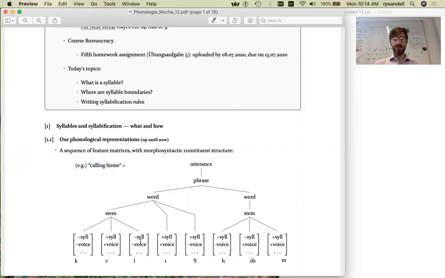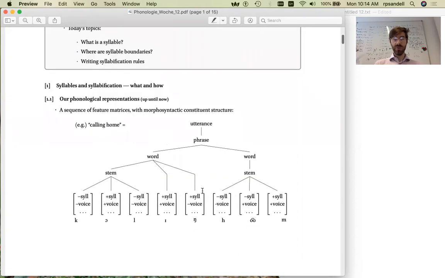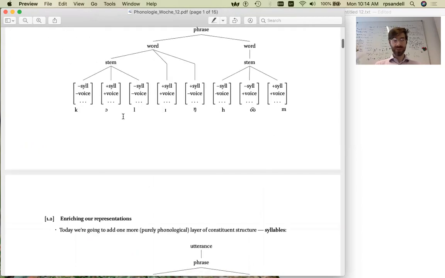Here we have some sets of features defining each of those segments, and then we see that these words can be broken down: one word has a complex morphosyntactic structure, a stem call with an inflectional suffix ing, whereas the other one has a simple morphosyntactic structure, just a single stem organized into a word, and these two words together build a phrase.